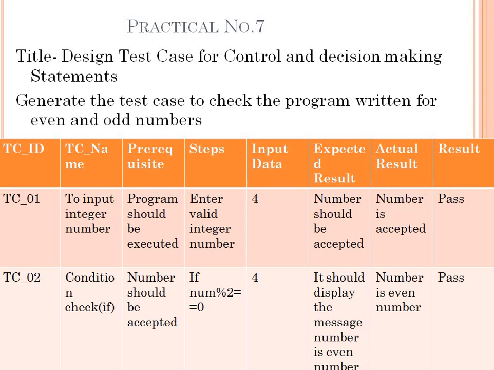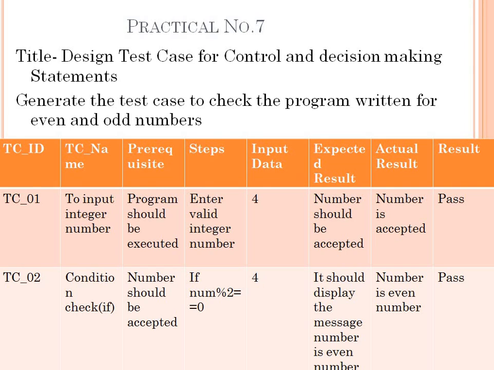It is one form of white box testing, which finds the areas of the program not exercised by a set of test cases. This practical helps you detect the logical flow of execution and design test cases to check the control and decision making statements.